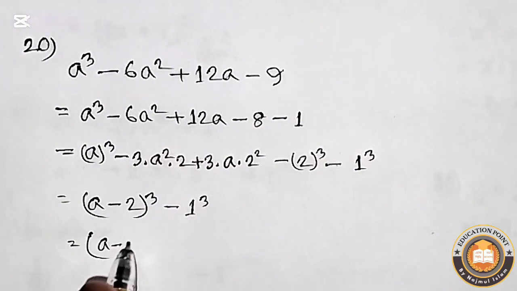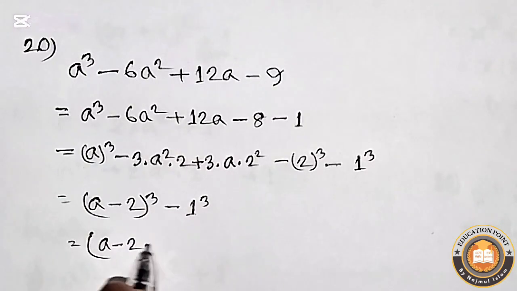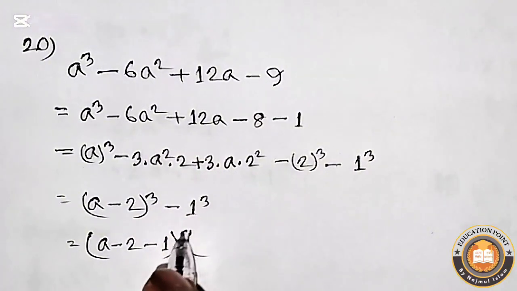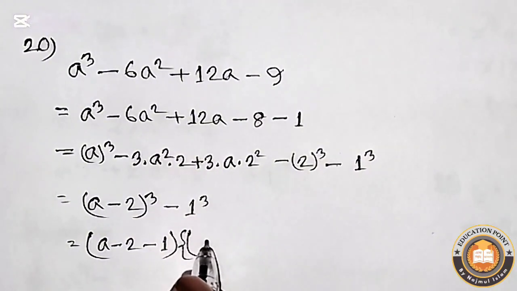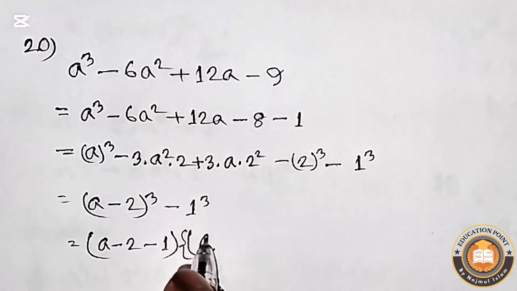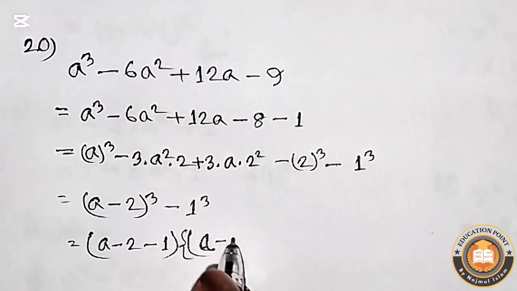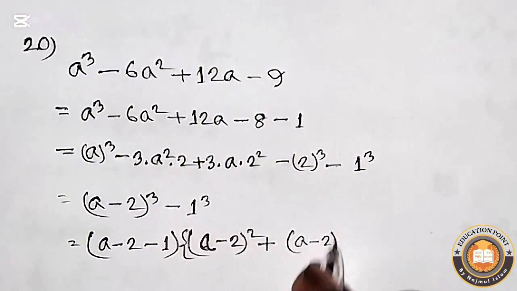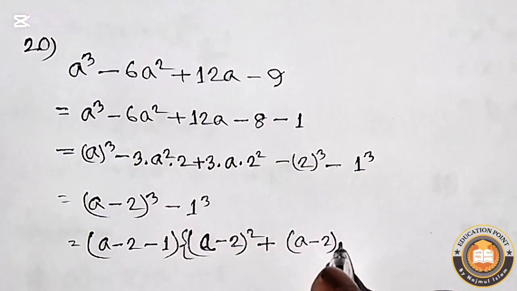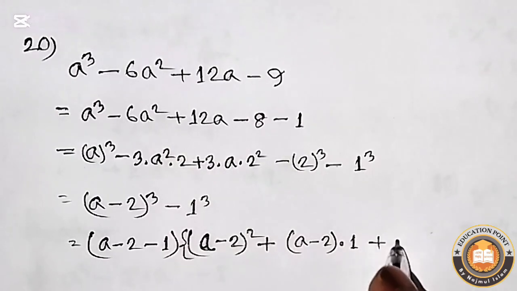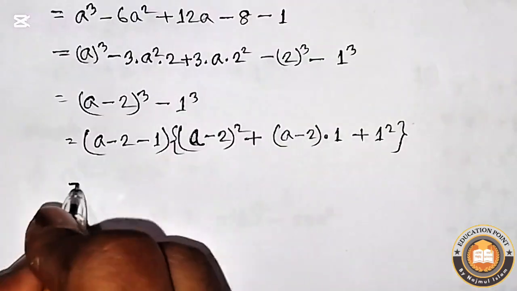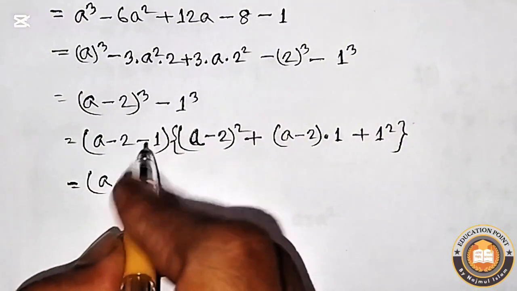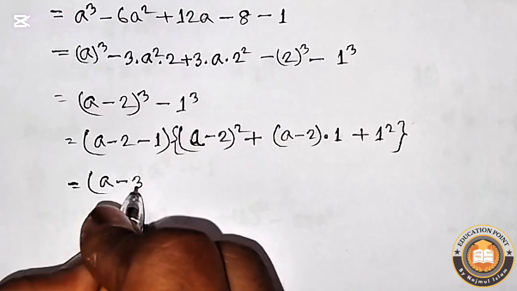Here a means a minus 2, b means 1, into a square means a minus 2 whole square, plus a means a minus 2 into b means 1, plus b square means 1 square. Adding the values of minus 2 and minus 1 equals minus 3.